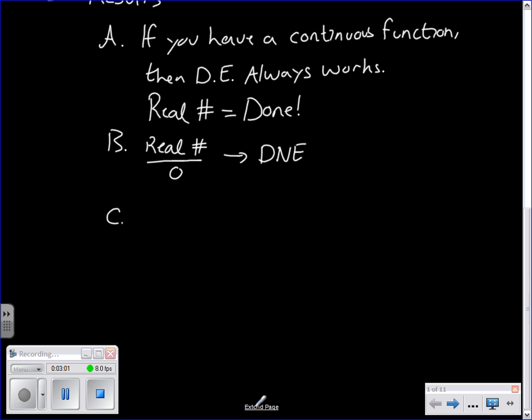The last option here is whenever we get something like 0 divided by 0 or infinity divided by infinity. These are called indeterminate forms. Indeterminate forms mean that the function's limit cannot be determined by direct evaluation. By simply plugging the x value into the function, we get something that we're not able to evaluate, so 0 over 0 or infinity over infinity.